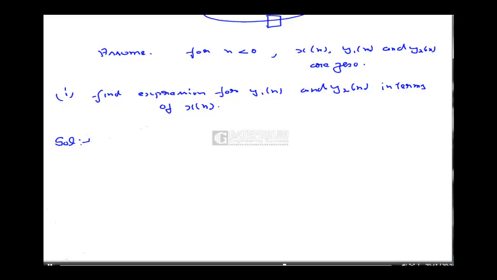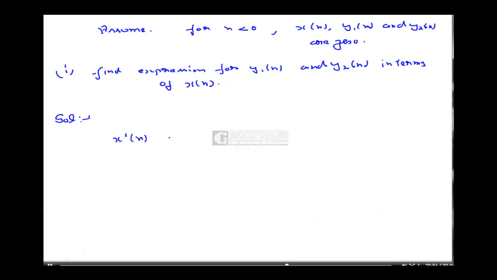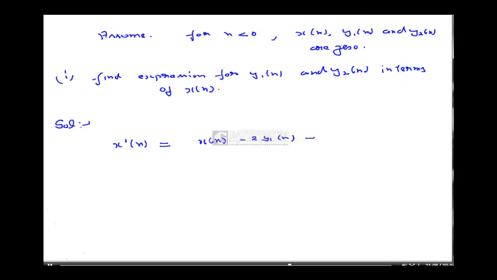Just assume point P here, and let this point P equal to x dash n. So I can write the expression for x dash n, which is equal to xn minus 2 times y1n, this is also a minus sign, so minus y2n.